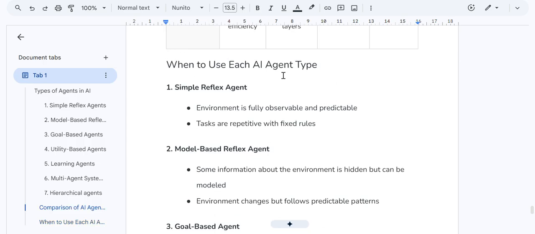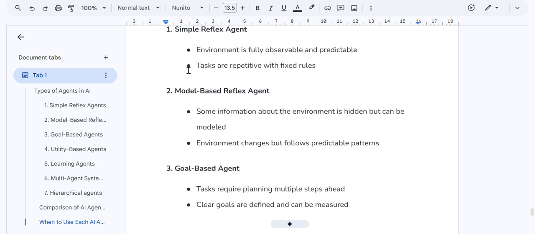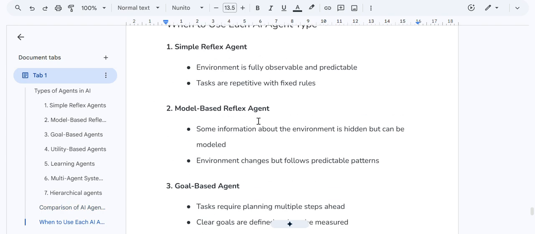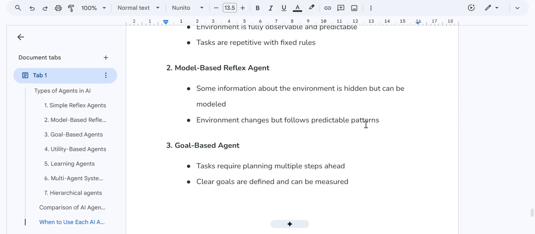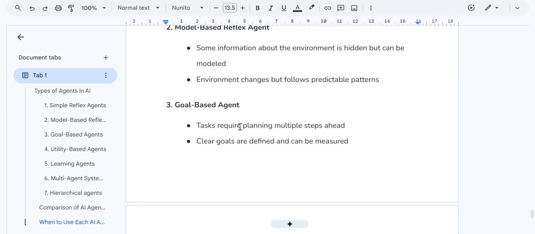And when to use each AI agent? We use simple reflex agents when the environment is fully observable and predictable, and tasks are repetitive with fixed rules. A model-based reflex agent is for when some information about the environment is hidden but can be modeled, and the environment changes but follows predictable patterns. A goal-based agent is for when the task requires planning multiple steps ahead, and clear goals are defined and can be measured.